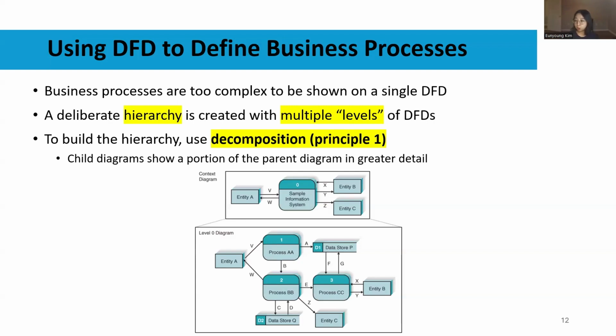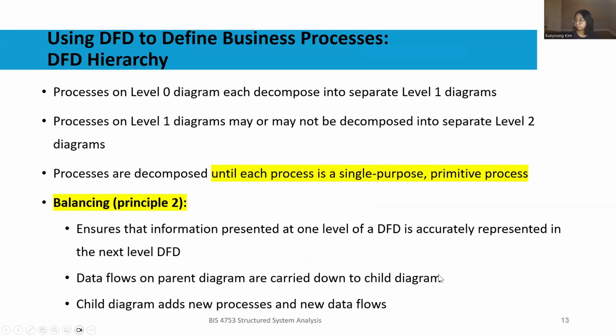So until you get a single-purpose action, you will keep breaking down each process into sub-processes to actually see and unpack what this system will do. So that is principle 1, decomposition, when you draw the DFD. And definitely your deliverable 2 also follows this rule.